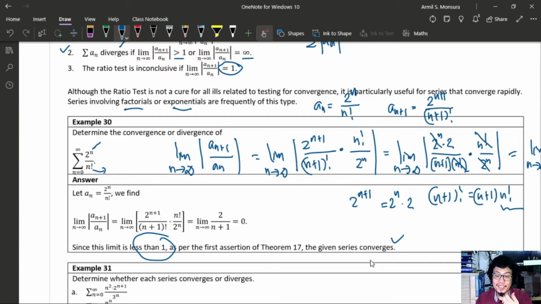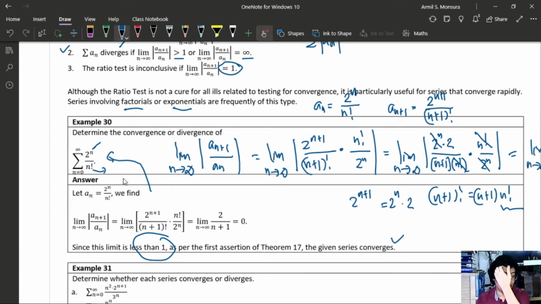And again, we have been arguing earlier that this is convergent because of the fact that factorials grow faster than exponentials. So that's our argument before.